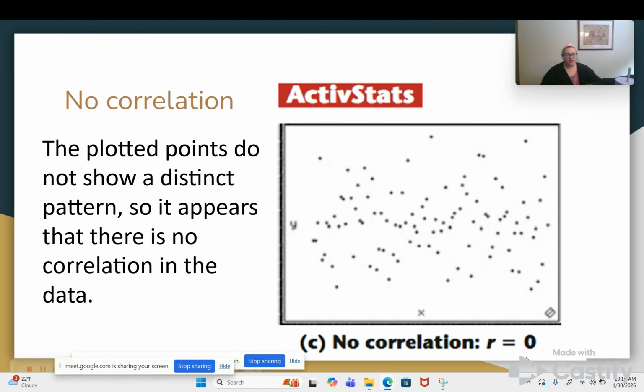And so in the middle of that is 0. That means no correlation. As your correlation coefficient goes to -1, that is a strong negative correlation. As your correlation coefficient goes towards +1, that tells you it's a stronger positive correlation.